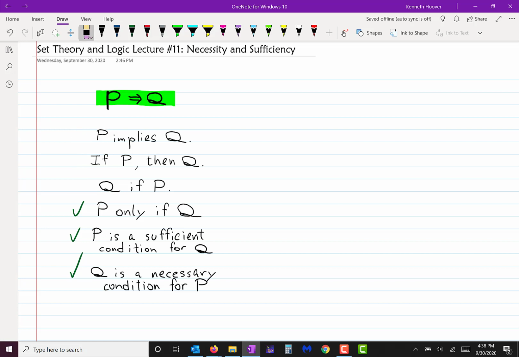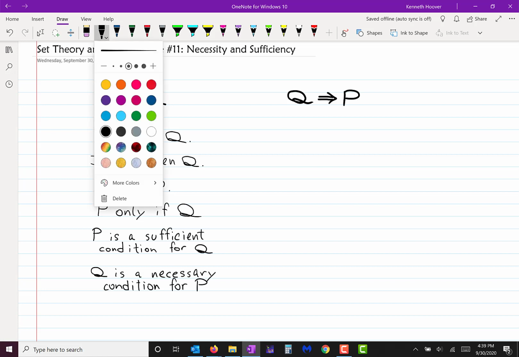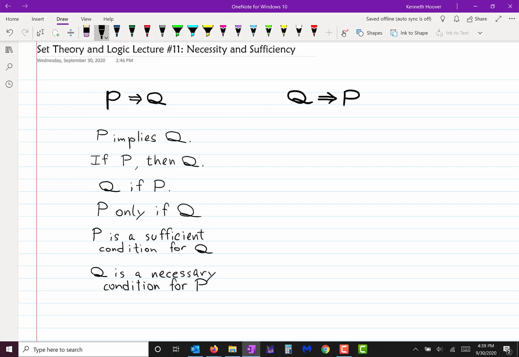Now, let's write Q implies P right here. And let's translate that in the 6 different ways that we did over on the left.